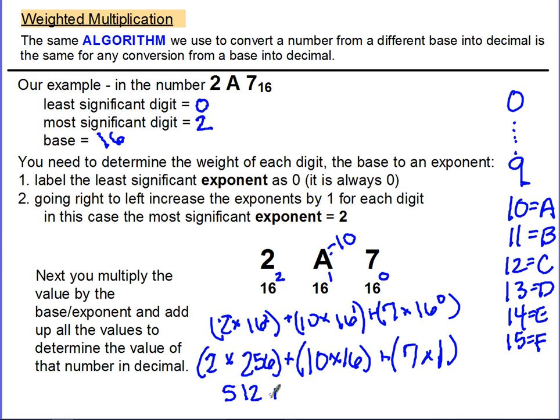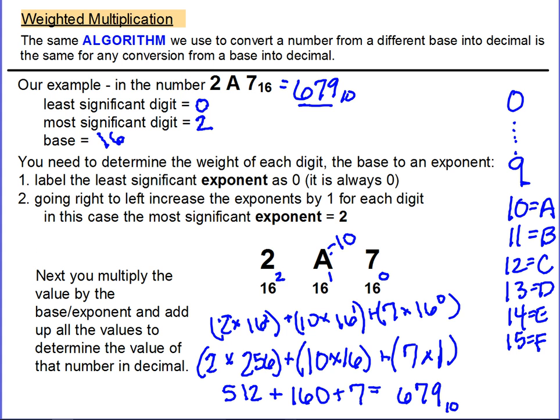So I get 512 plus 160 plus 7 to give me a value of 679 in base 10. So I can say that 2A7 base 16 equals 679 base 10.